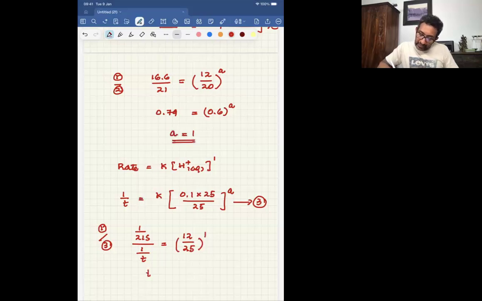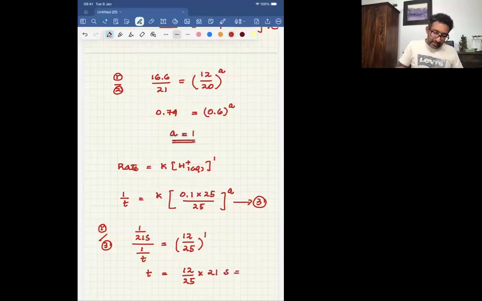So T is equal to 12 divided by 25 multiplied by 21 seconds, which is 10.08.